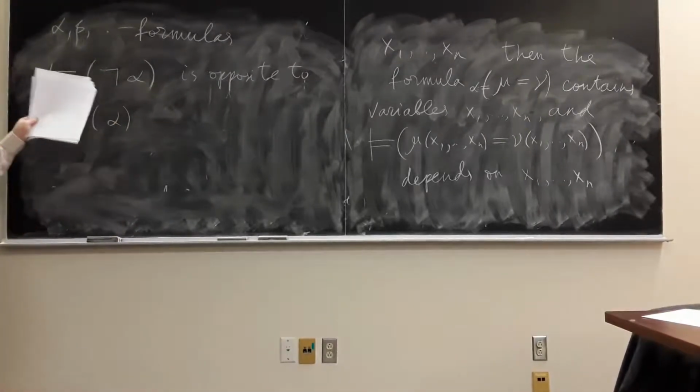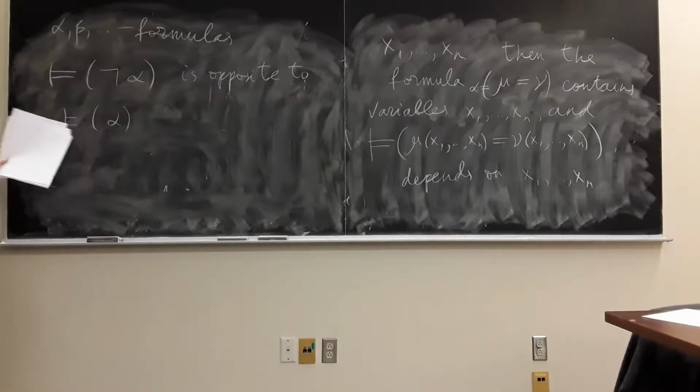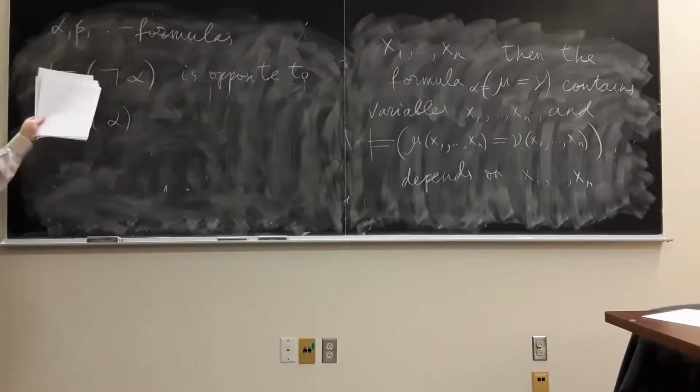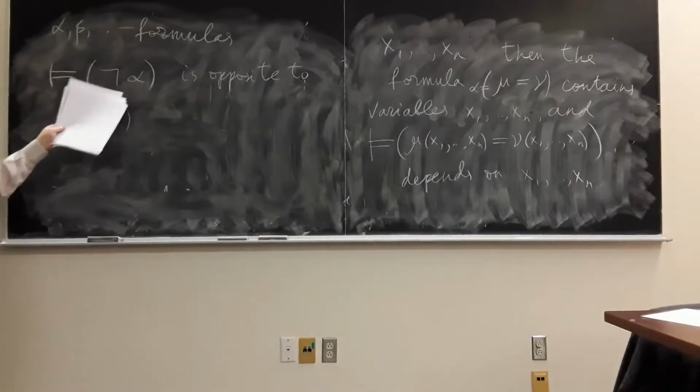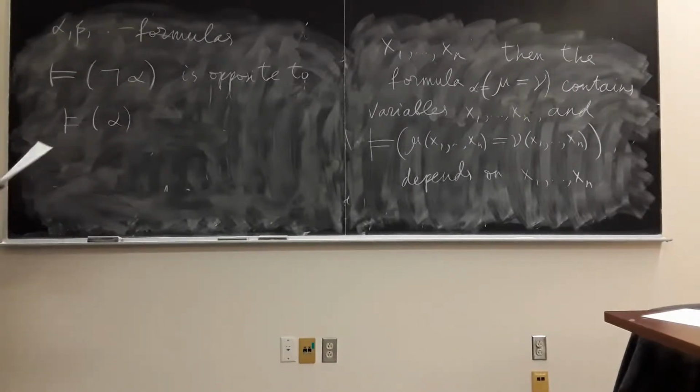So if alpha is true, then this is not true, this is false. If it is false, this is true.